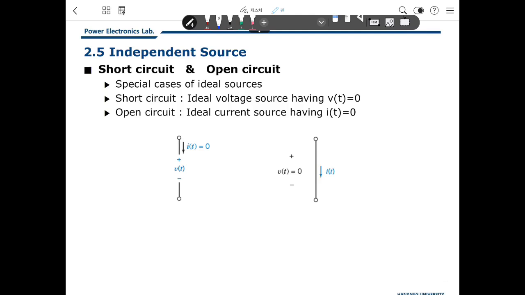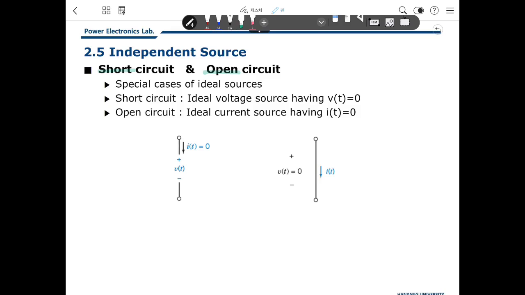And we will talk about what a short circuit and an open circuit are. The short circuit and open circuit are special cases of the ideal sources. What is the meaning of a short circuit? Short means the circuit is connected without any resistance.